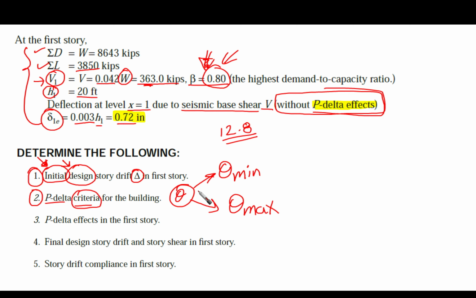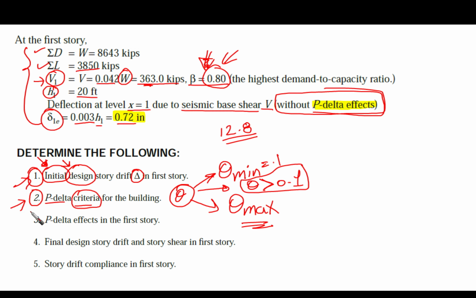If theta is larger than 0.1, for example, in this case, and of course less than theta maximum, this is the theta minimum, which is 0.1. If we are larger than the theta minimum, which is 0.1, then we need to include P-delta in our analysis.